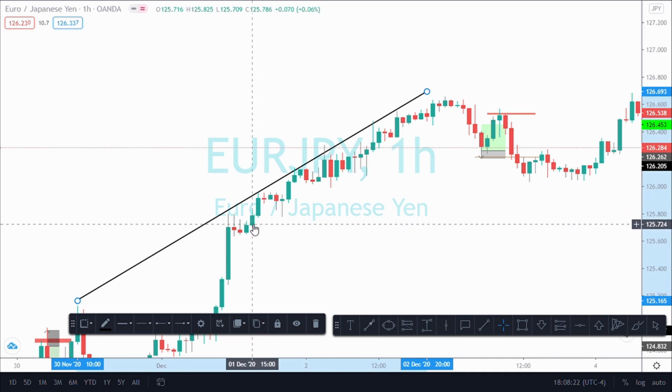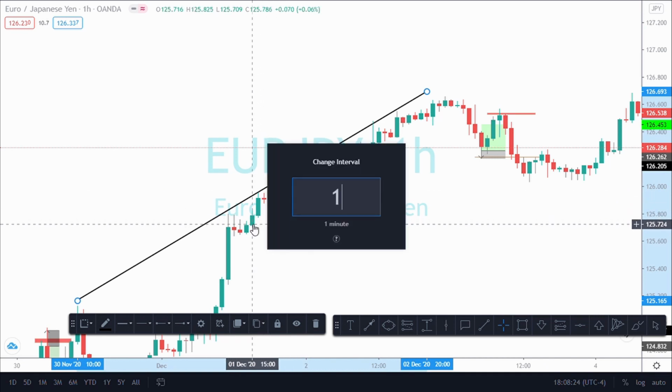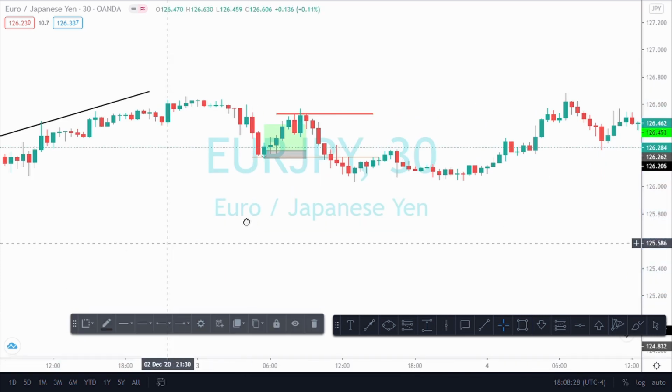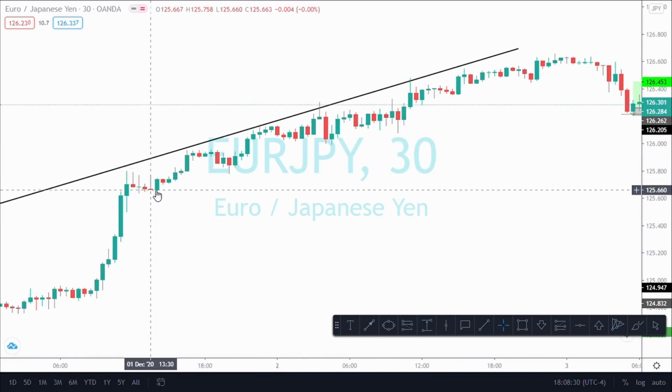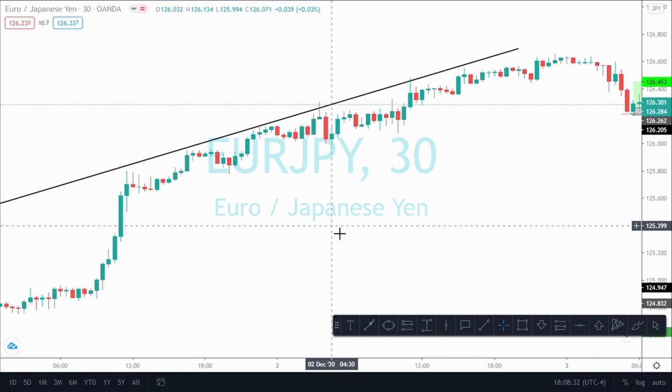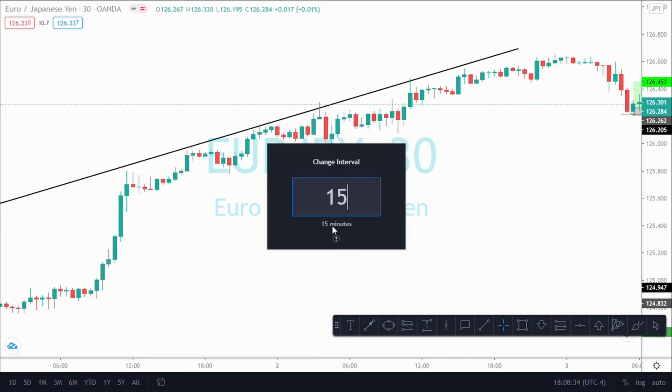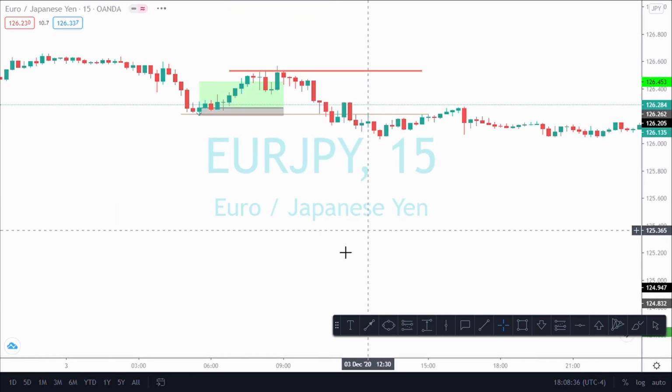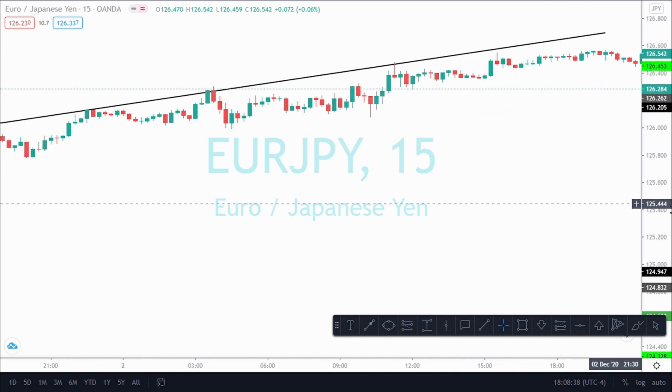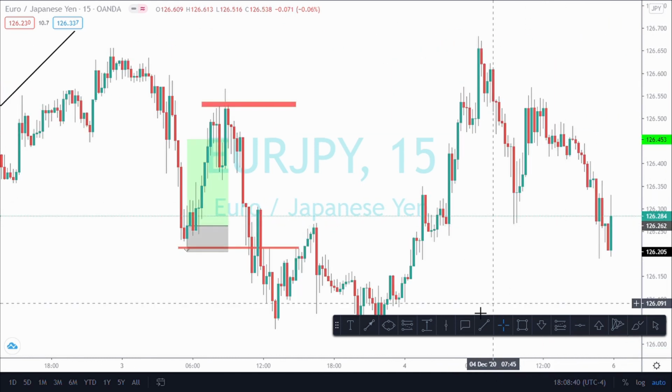But to get a better entry, you can go down to the 15 minutes, or even 30 minutes, and it gives you a better understanding of what's going on. If you're still not seeing it there, you can go into the 15 minutes, and it would show you exactly where we are.